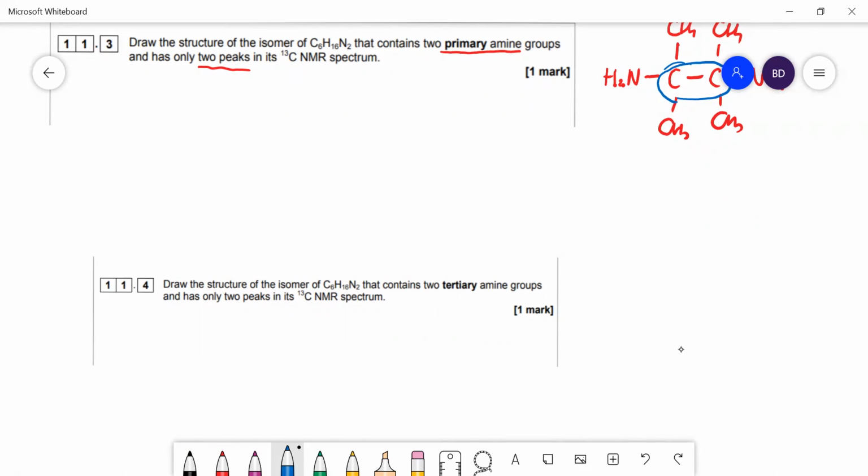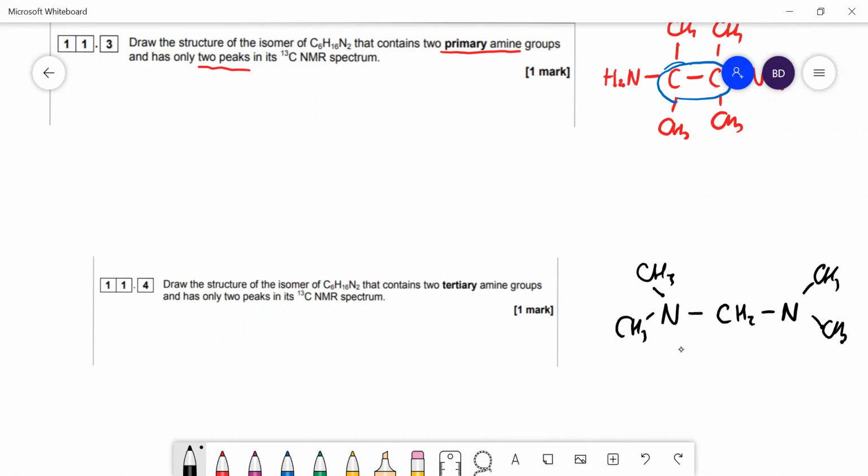So tertiary, no, right. So you could have, let's think, it's got to have, let's say it's got that. Now we have got 6, so we've got 5 other things to think about. So it couldn't be that, if I did CH3, CH3, CH3, CH3, we're missing a carbon atom, aren't we?